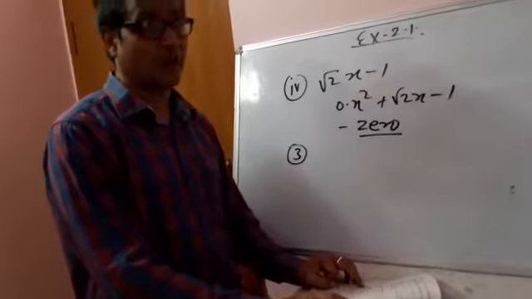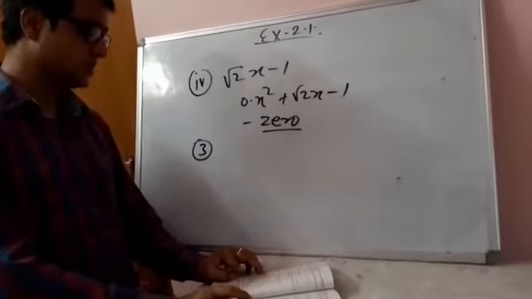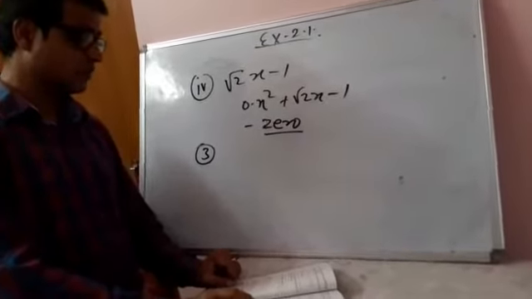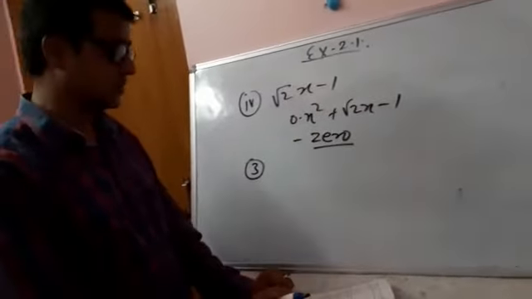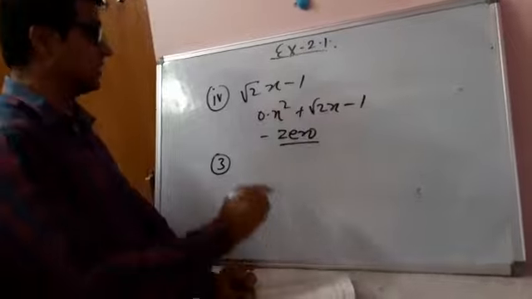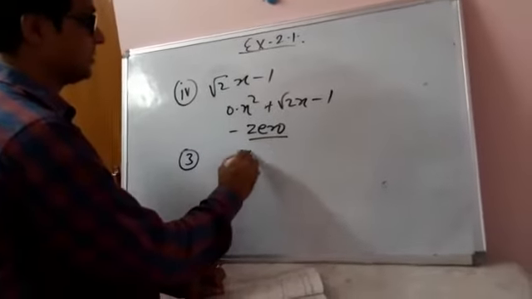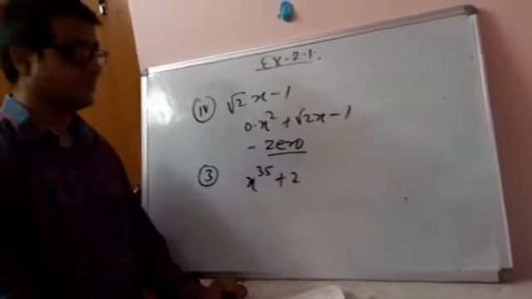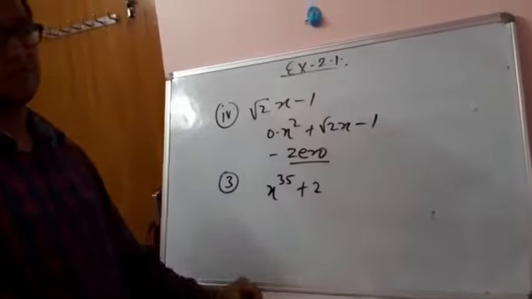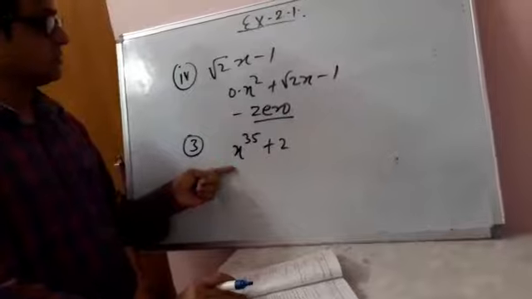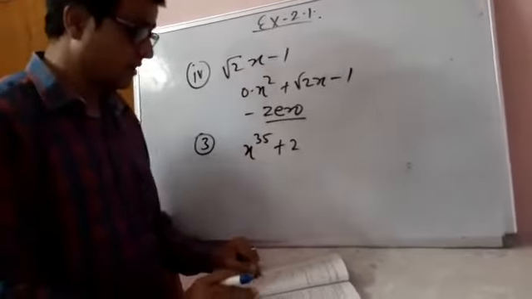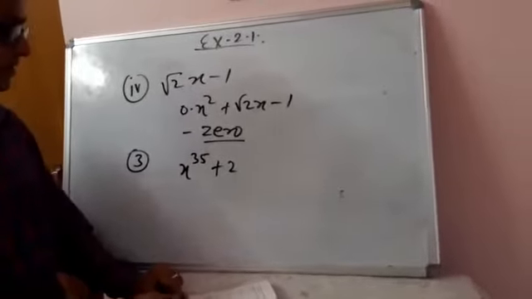You would have your own answers; I'm just giving you my answer. There may be various types of answers. For a binomial of degree 35, I am writing x to the power 35 plus 2. Degree 35 means the power would be 35.